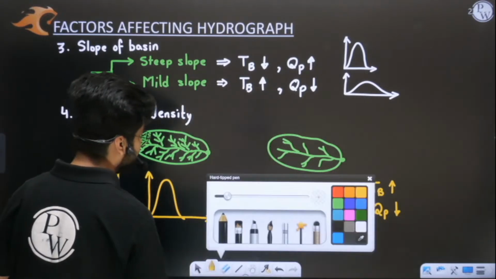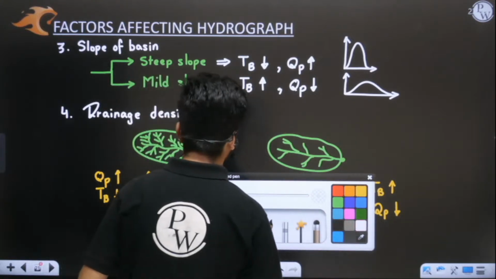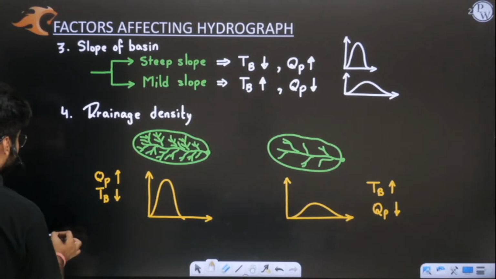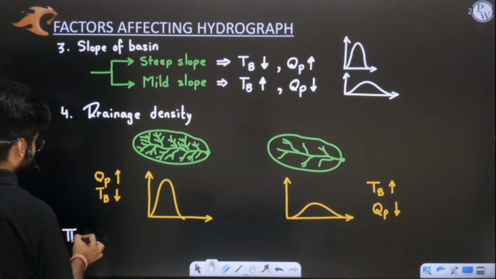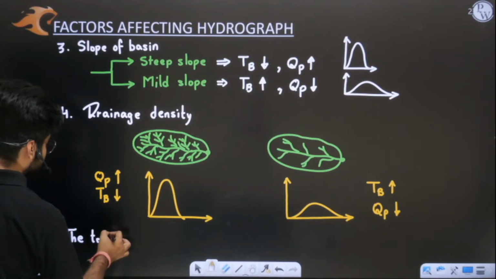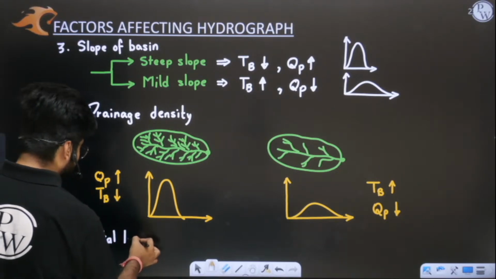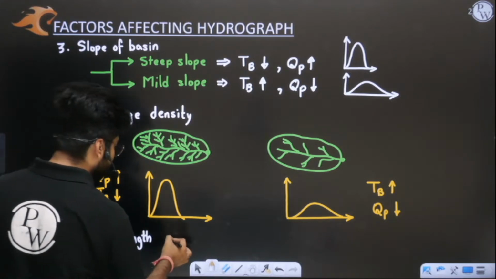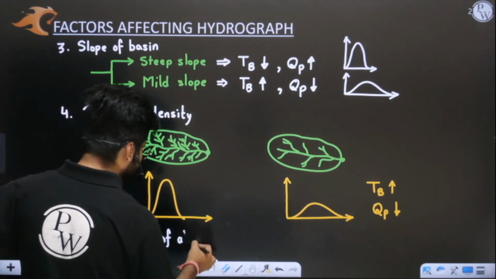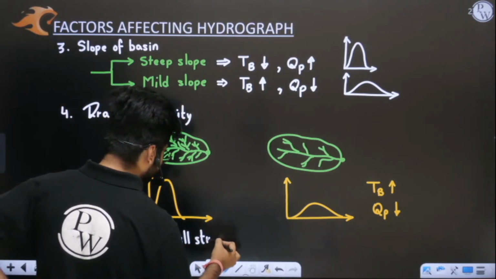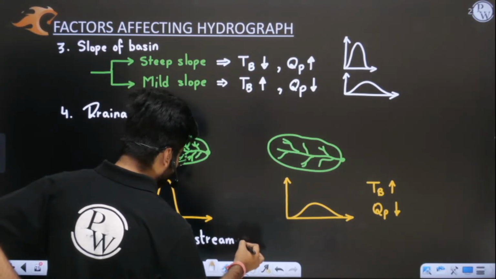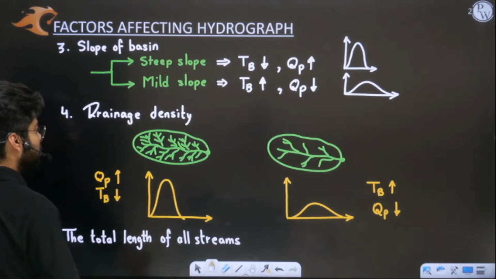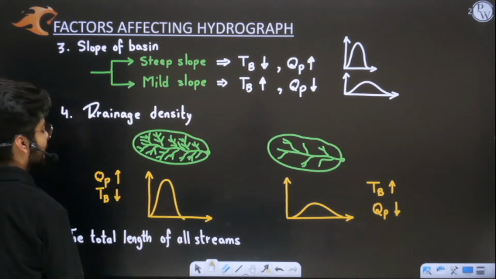Now, sir, the exact meaning of drainage density is, if someone asks you what is the definition of drainage density, you will write: the drainage density means the total length of all streams per unit catchment area, or you can say the total length of all streams divided by the catchment area.